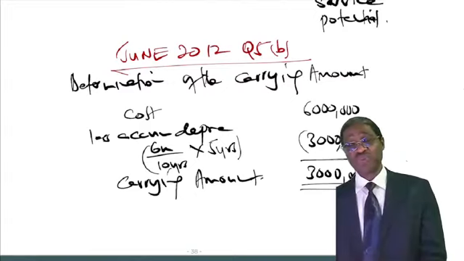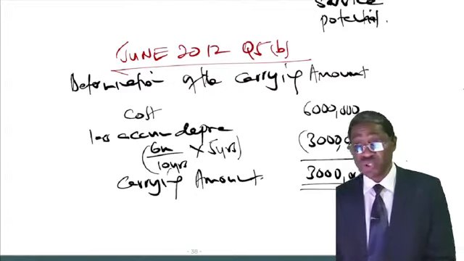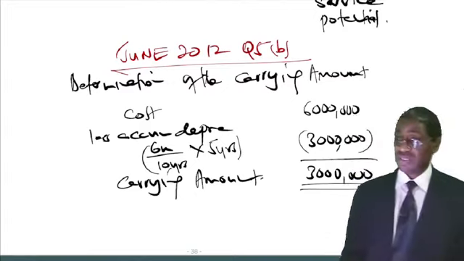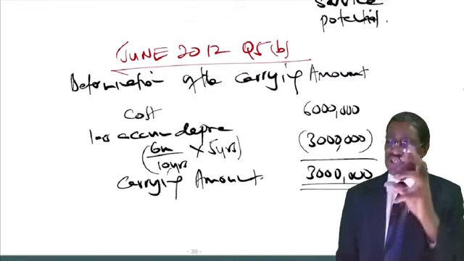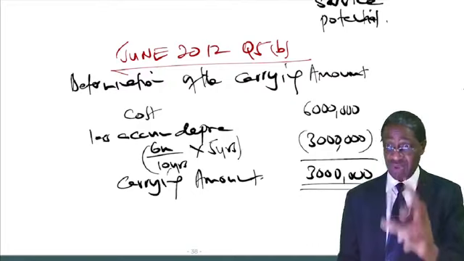Now we want to compute the value in use of that asset using a method we have been told, called the restoration cost method. Good.